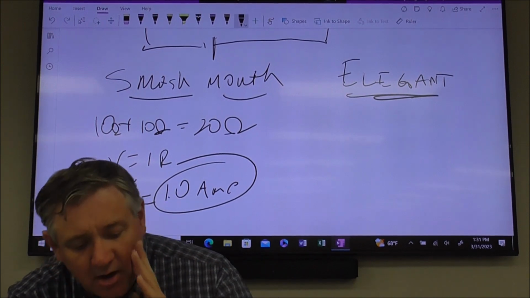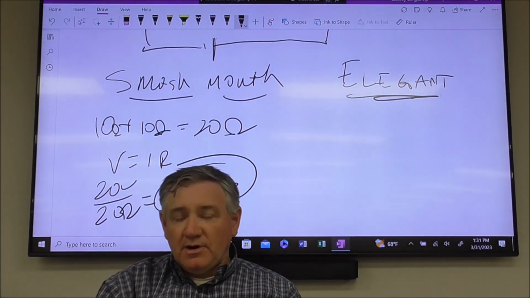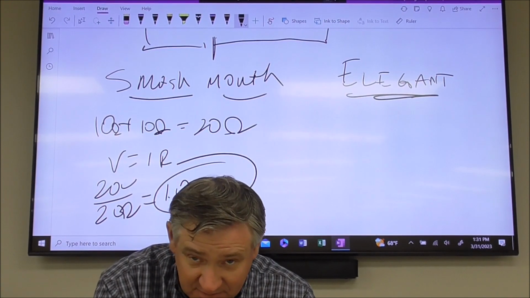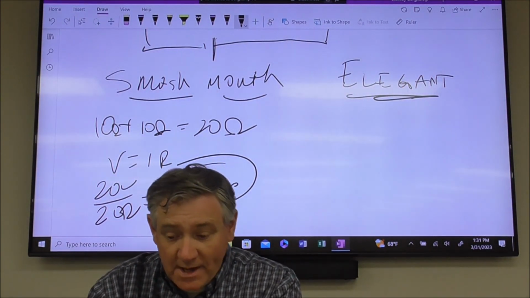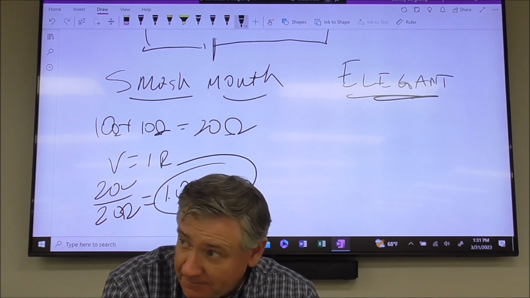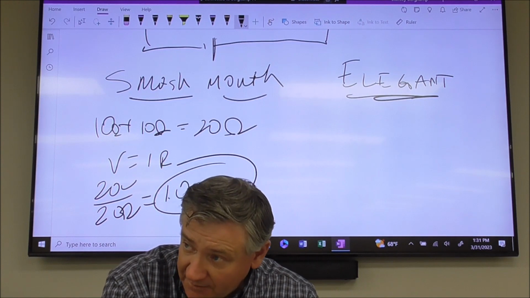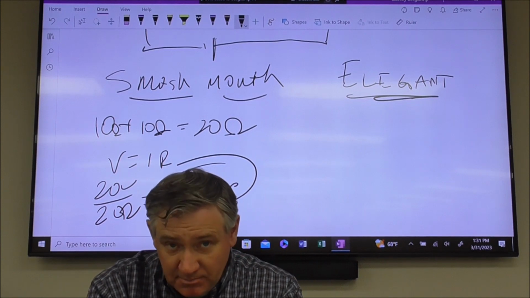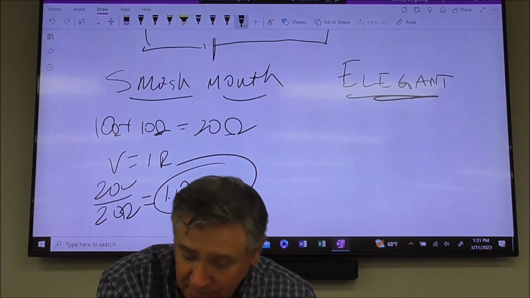Now, when you're asked about brightness of bulbs, I can't emphasize this enough: brightness is equivalent to power. That's what you have to calculate, because watts is joules per second. How much energy per second is that bulb going through?